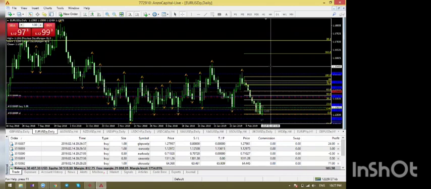Sometimes a 4 hour candlestick will change your whole analysis, and based on that, you have to change your trading style. Because candle by candle is what matters in the candlestick method.